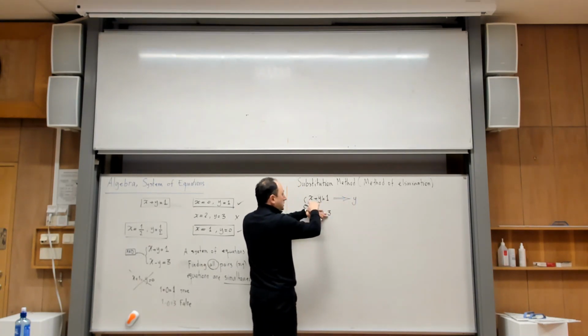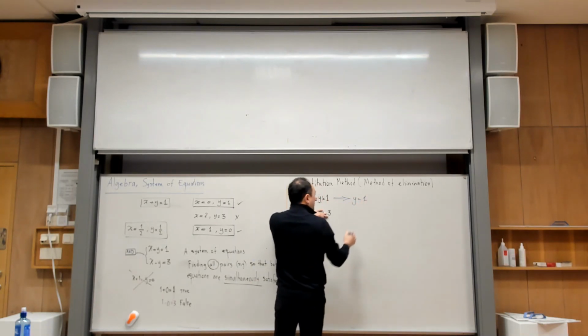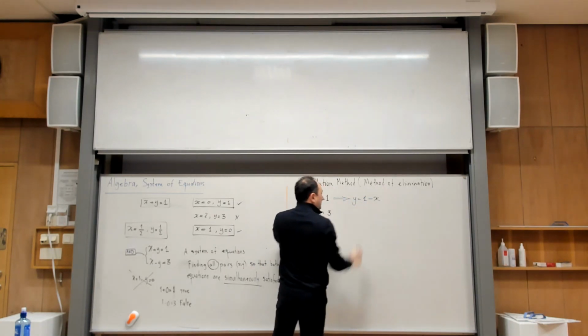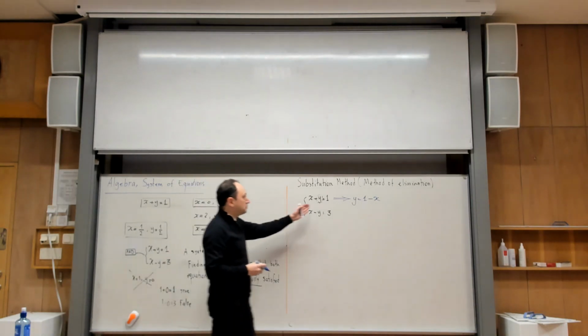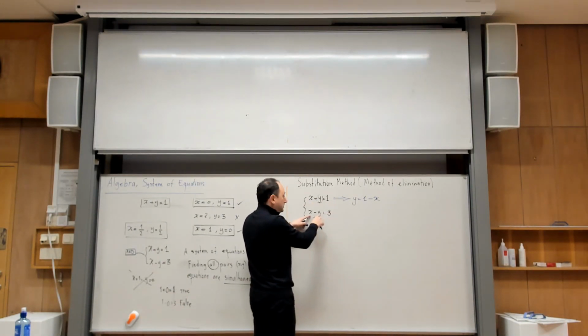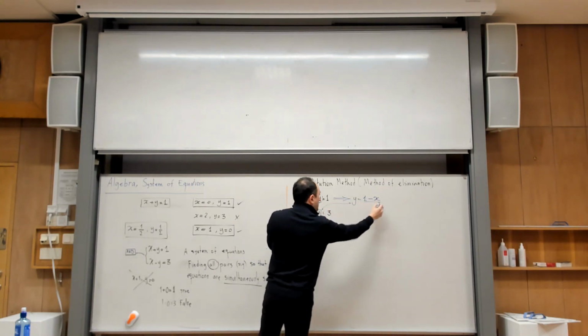Then I move the other variable to the other side. I already have 1 on the right-hand side. I move x to the right, it becomes negative x. Yes? And then, when this part is done, you go to your second equation that you haven't touched so far and substitute this y with that y that you got here.